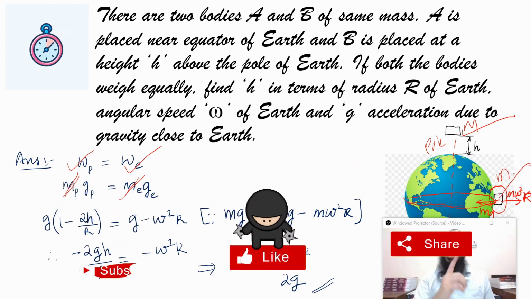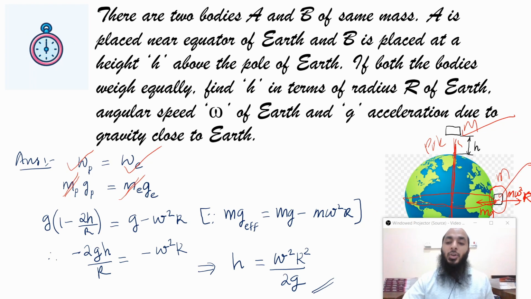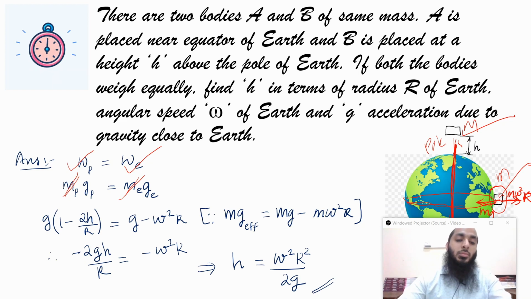But since the earth is rotating about this axis, this is the axis of rotation, the force here will be mg downward and m omega square r outward. It's a centrifugal force, a pseudo force we have applied there. So the net force will be mg minus m omega square r, or g effective. The effective acceleration there will be g minus omega square r, because m gets cancelled everywhere.